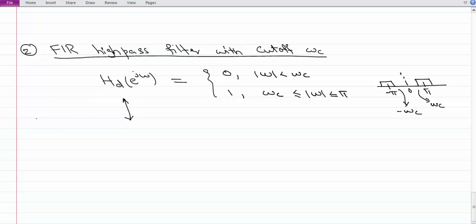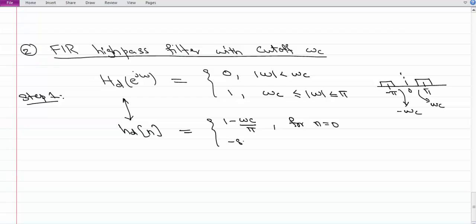Now this is our step 1. We know what the response we want ideally, and we go to the impulse response h_d of n, and h_d of n is simply given by 1 minus omega c over pi for n equal to 0, and minus sine of omega c n over pi n for absolute value of n greater than 0.